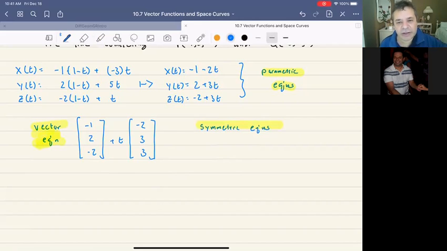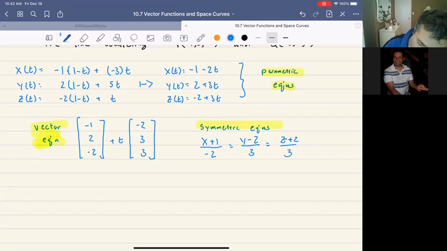The symmetric equations are (x plus 1) divided by -2 equals (y minus 2) divided by 3 equals (z plus 2) divided by 3. All of those equal our parameter t, which you don't need in a symmetric equation, but I'm writing it out so you can see where I got it from.